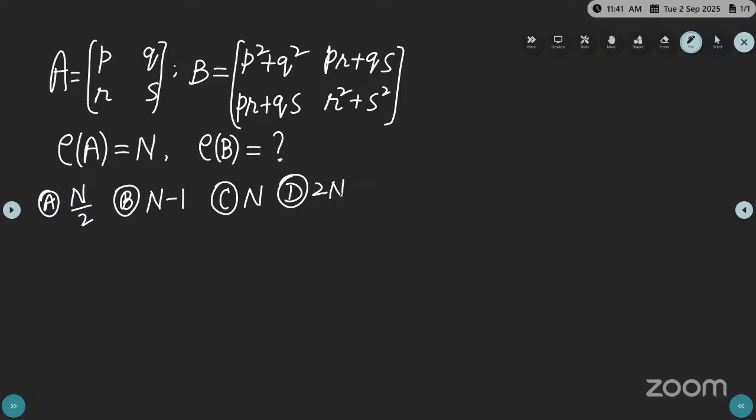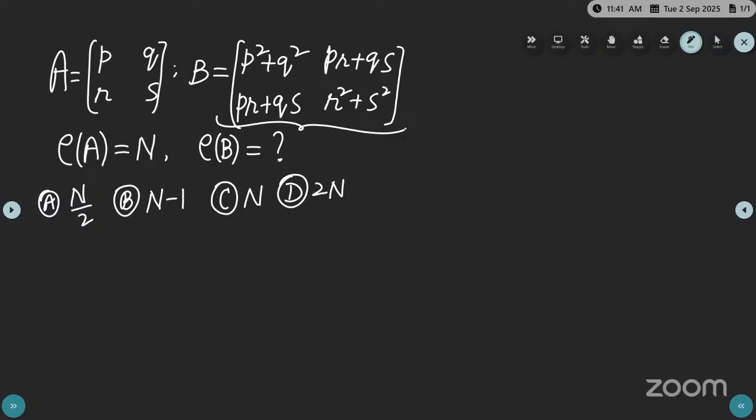Ma, you have been given the matrix A. Okay. Now, we need to observe what type of matrix B is. Listen carefully. If A is PQRS, let us take A also.